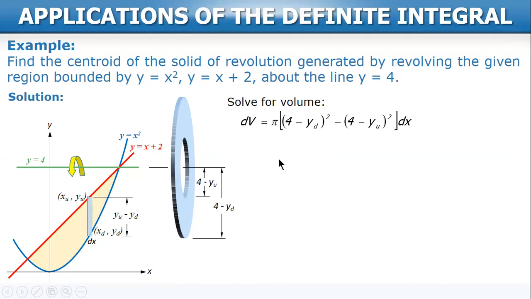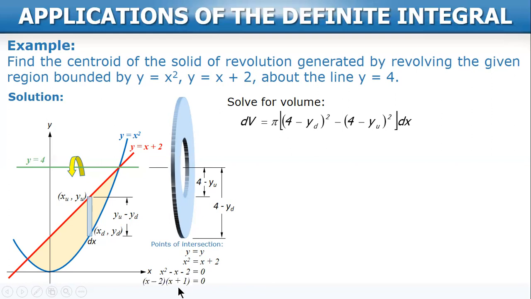So pag integrate, need na to ang limit sa x. Okay, this one and then this one. So, kuha na to ang points of intersection. Equate na to y equal to y. X squared equal to x plus 2 and then transpose. And then factor out.